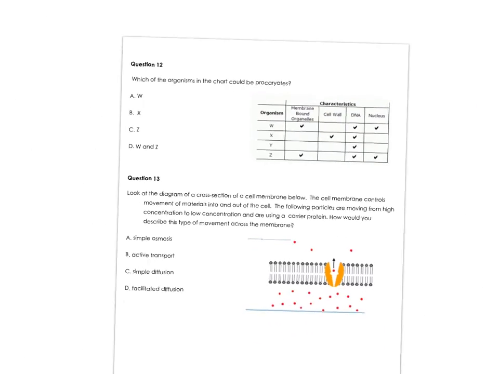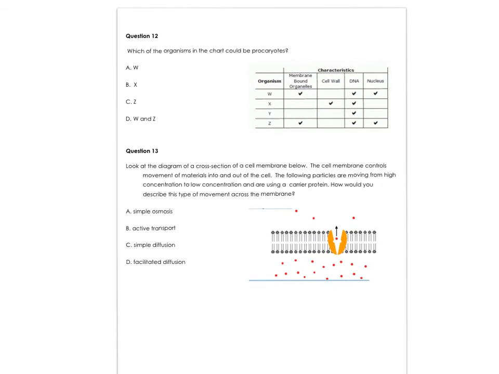All right, here we go. Which of the organisms in the chart could be prokaryotes? Well, let's look at it. Membrane bound organelle. Well, right away, membrane bound organelles, you know it can't be a prokaryote. But on top of that, it has a nucleus. So right away, I know it can't be W, because W has membrane bound organelles and has a nucleus.